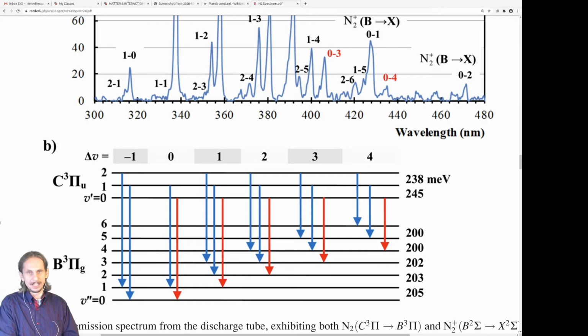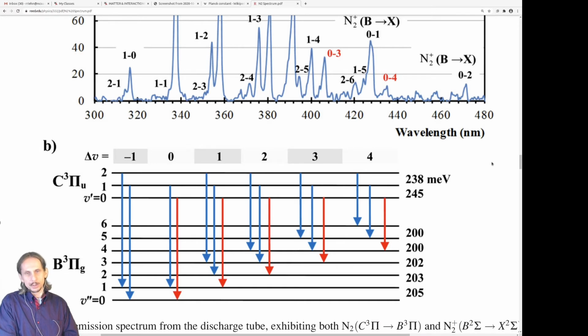Each one of these electronic states has associated with it vibronic or vibrational substates. The system starts on top, that is the excited electronic state, but some of the atoms are in the ground state, in the nu prime equals 0 state. Some are in the first excited state, some are in the second excited state.